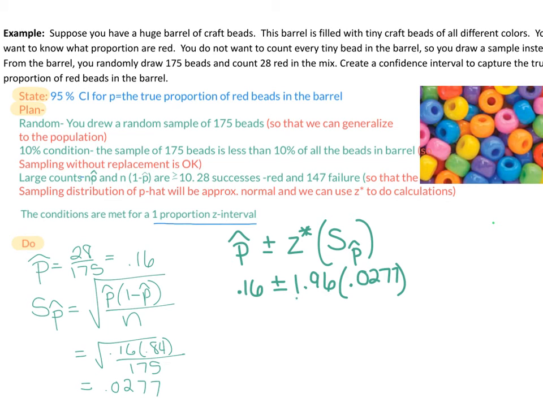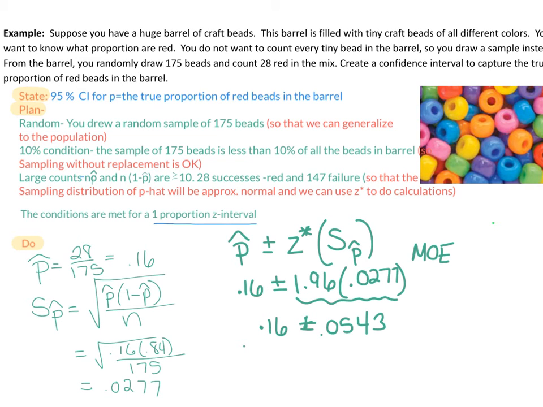Okay, remember this part right here is also called your margin of error. So this is going to be 0.16 plus or minus, do that math, 0.0543. So sometimes you'll be asked what's your margin of error, and that's this 0.0543. So what would my interval be?